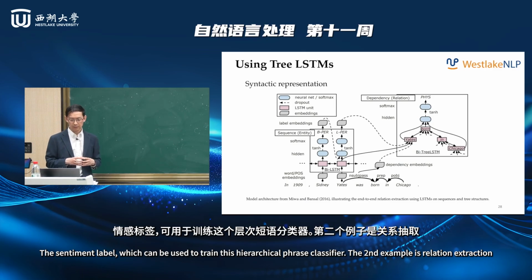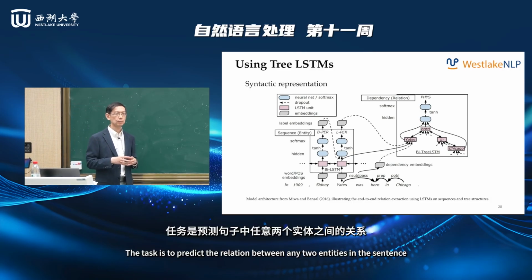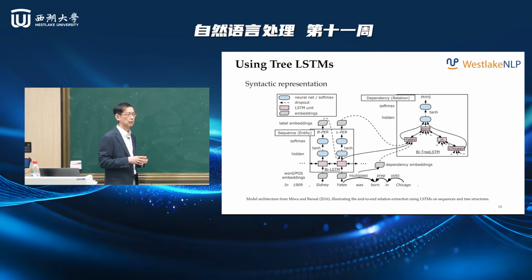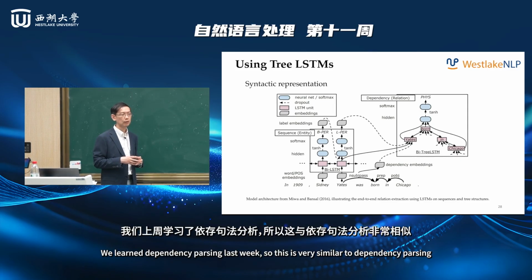The second example is relation extraction. The task is to predict the relation between any two entities in a sentence. Of course, how can you do that? We learned dependency parsing last week.